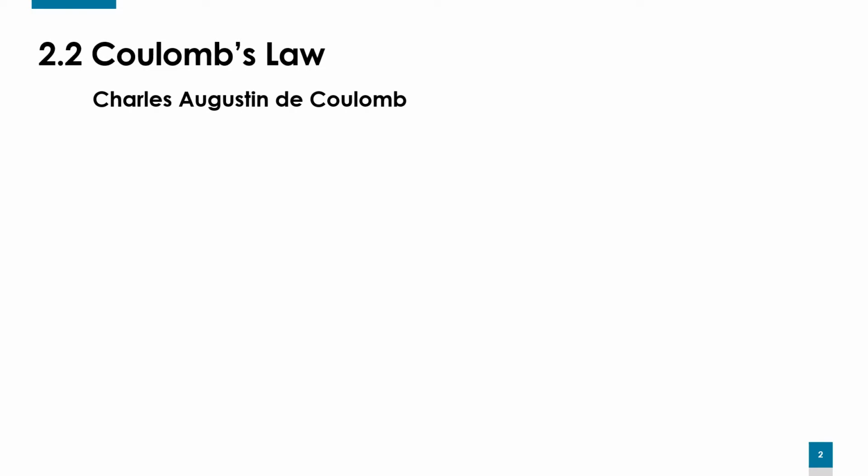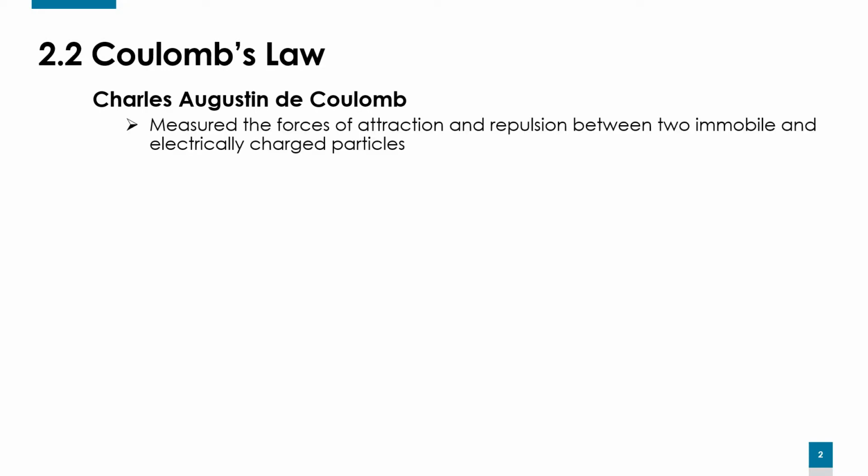Coulomb's law came from a man whose name was Charles Auguste Coulomb. What he did, he took two particles that were electrically charged, and he measured the forces that keep these charges together, if they are attracted to each other, or how much they are repelling each other.